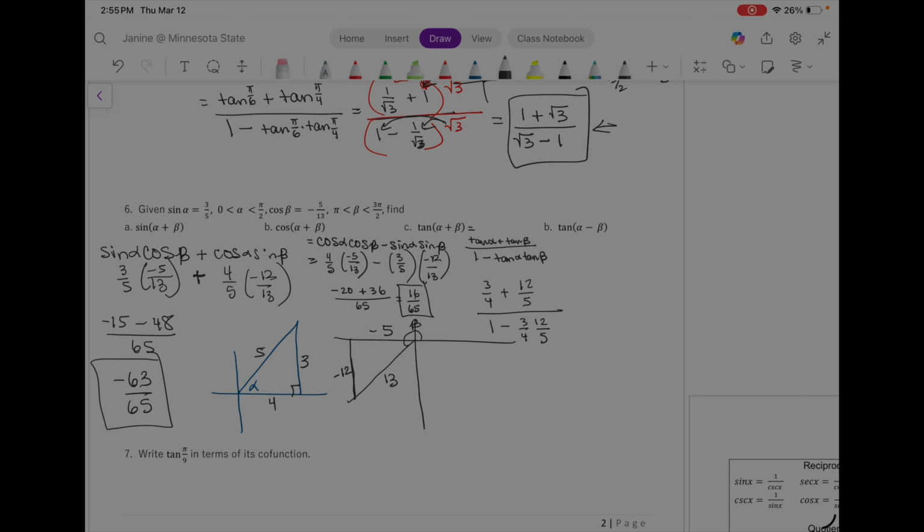Couple options. I see, if you remember how I did in the previous up here, I multiplied everything by root 3 because there was a root 3 in the denominators. I have a 4 in the denominator and a 5 in the denominator this time. So I'm actually going to multiply everything by a 20 on top and a 20 on the bottom.